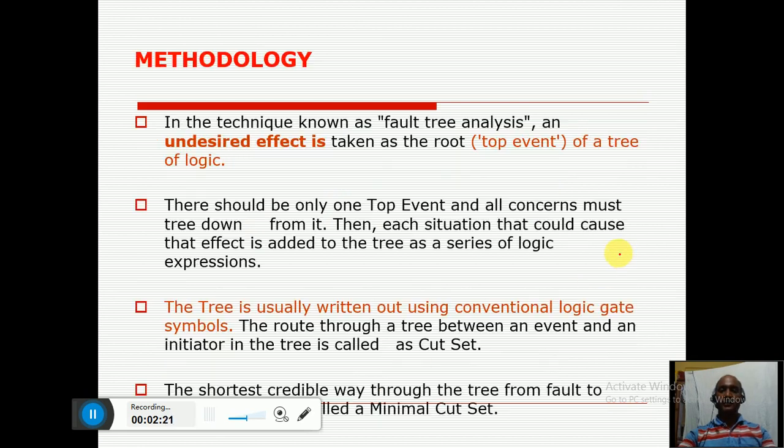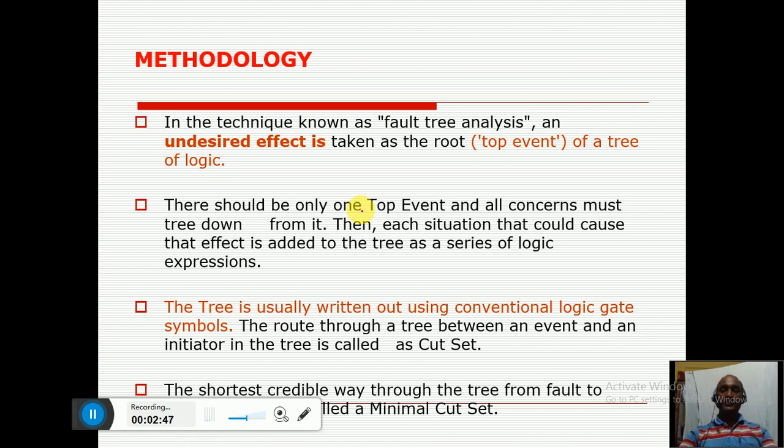In this method, first of all we have to identify the topmost cause. Topmost cause means what? For example, if you are analyzing a lathe machine, what is the top event? The lathe machine is not working. This would be the top event.